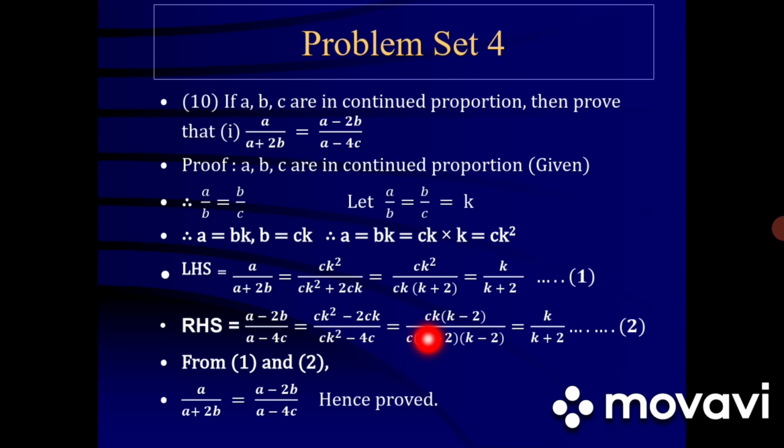This is equal to ck into k minus 2, where ck is common, upon c into k square minus 4, which is c into k plus 2 into k minus 2. So this is equal to k upon k plus 2. Let this be 2. From 1 and 2, a upon a plus 2b is equal to a minus 2b upon a minus 4c. Hence proved.